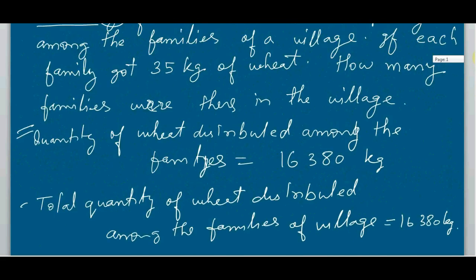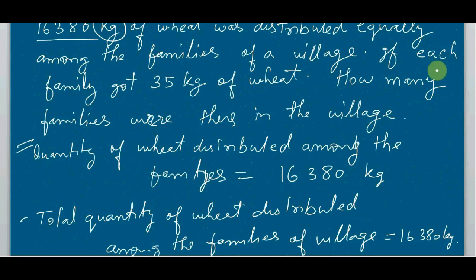So the second part is: if each family got 35 kilograms of wheat. I will write for this. Here it is again kilograms, so I will again use quantity.